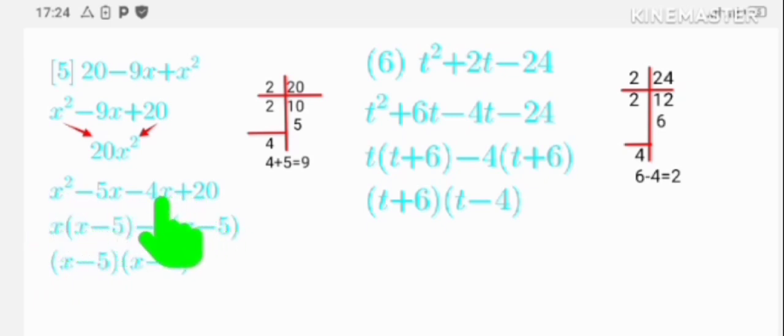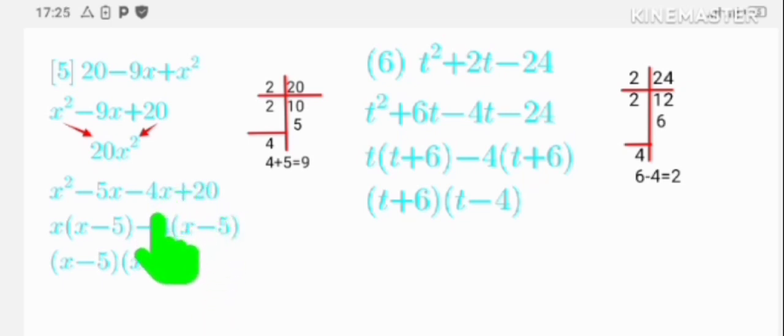Here again, you look for what can divide negative 4x and that can divide 20. The only thing that can divide negative 4x and also divide 20 is 4. But you need to pay attention here. Whenever you have a negative sign in the third place like this, just as you can see here, you simply pull out that negative sign and put it in front. Then this positive sign will turn into a negative sign, because negative 4 times negative 5 will give you 20.